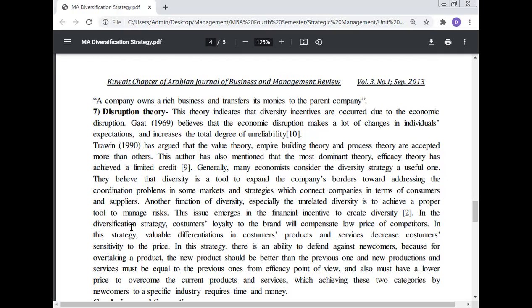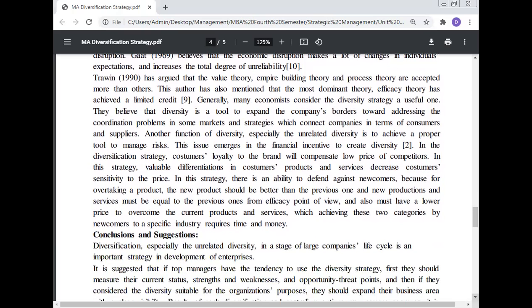In the diversification strategy, customers' loyalty to the brand will compensate for the low price of the competition. In this strategy, valuable differentiation in consumer products and services decreases consumers' sensitivity to prices.